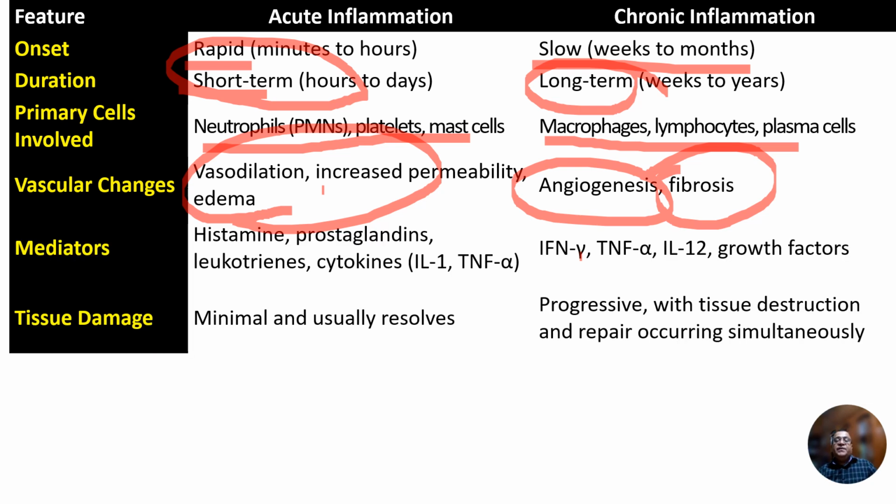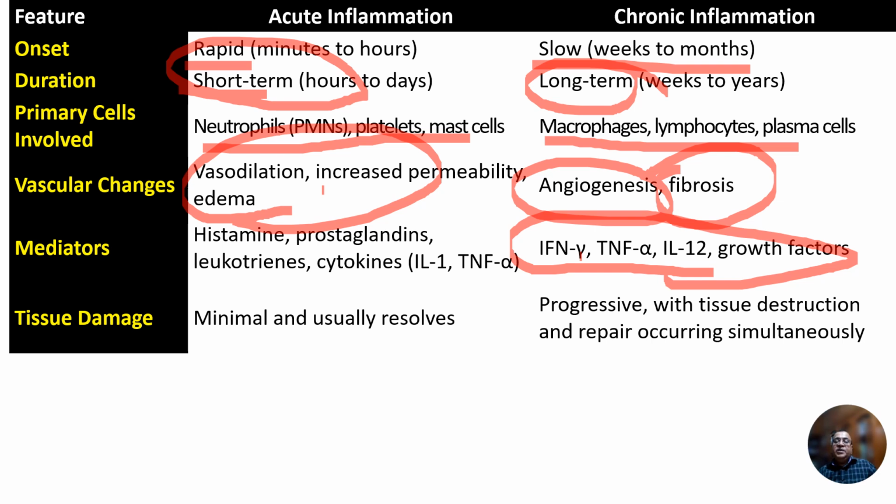The mediators of acute inflammation are mainly histamine, prostaglandin, leukotriene, and cytokines such as interleukin-1 and tumor necrosis factor alpha, while interferons and interleukin-12 along with growth factors are the major mediators of chronic inflammation.